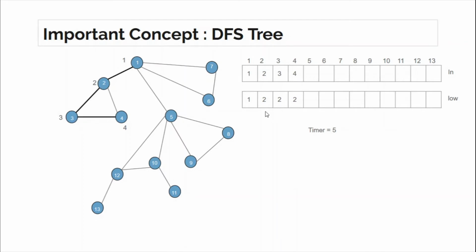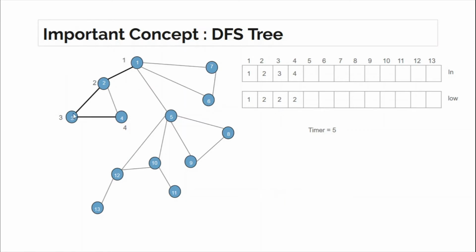The low time of node 3 is 2, which means this subtree is not connected to some ancestor of node 2, which was discovered before node 2. What that means is, if you remove this node, this subtree will get disconnected, because there is no path from this subtree to one of the ancestors which was discovered before node 2.